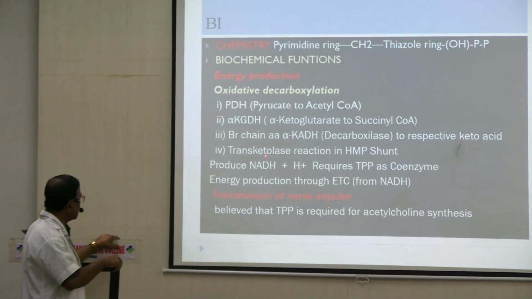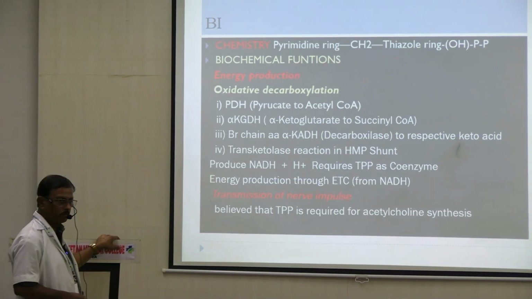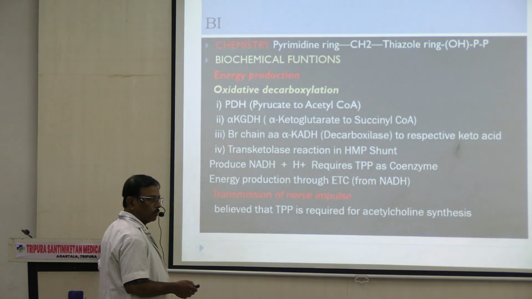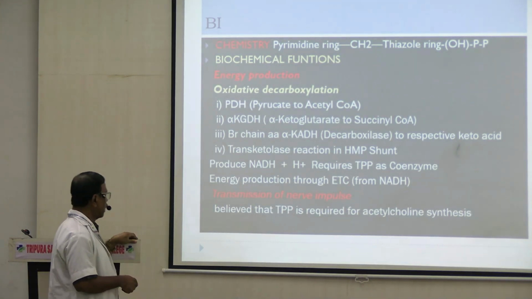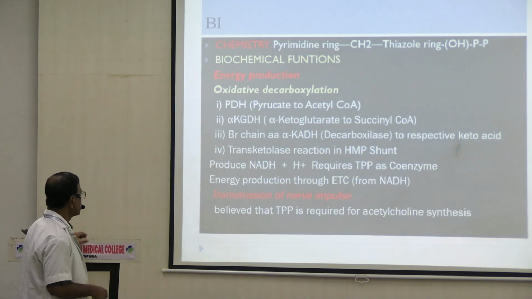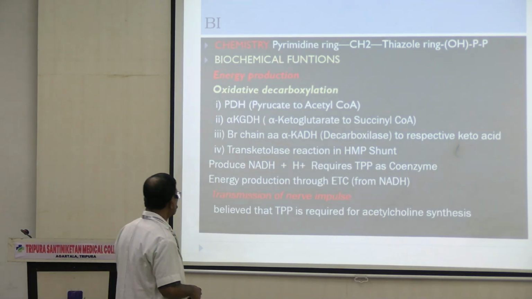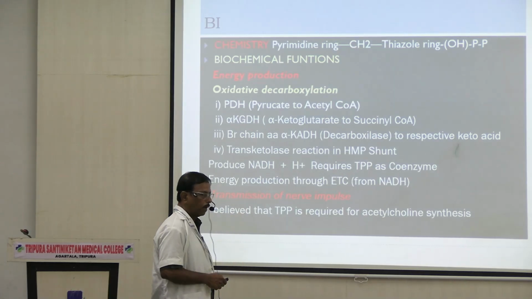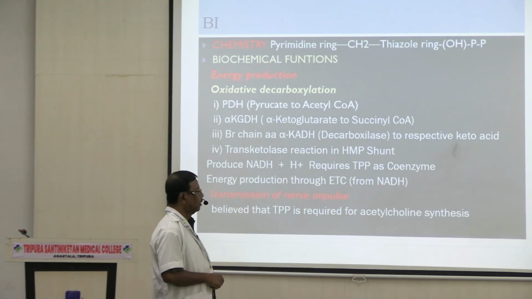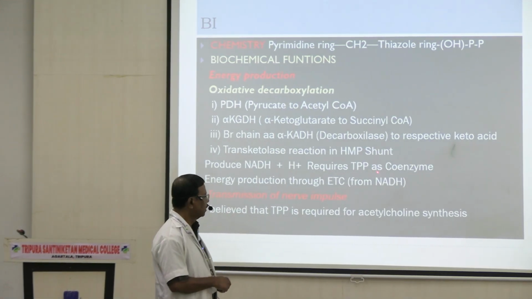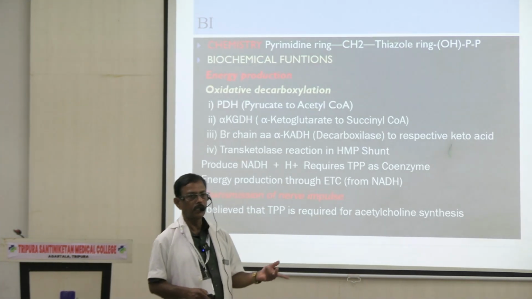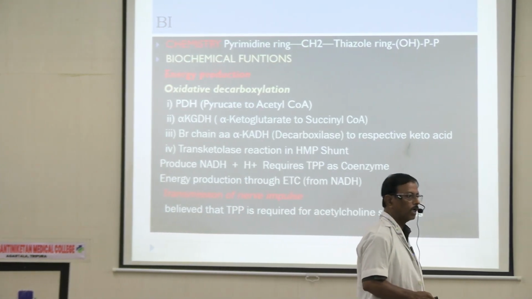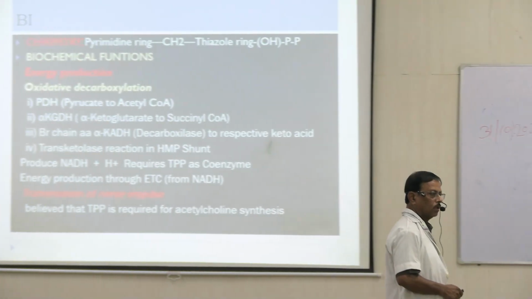Then in the transketolase reaction of the HMP shunt, this thiamine pyrophosphate is required. Now it produces NADH and H plus. That requires TPP, and NADH goes to the electron transport chain and produces ATP.